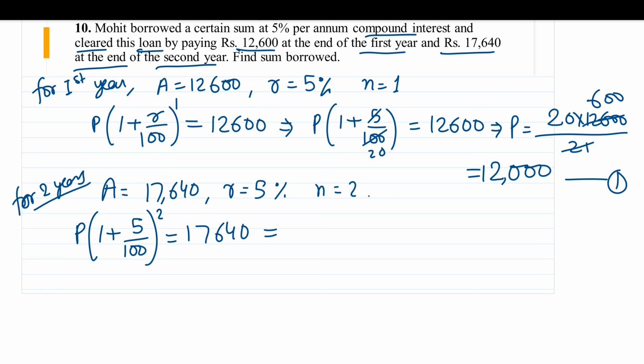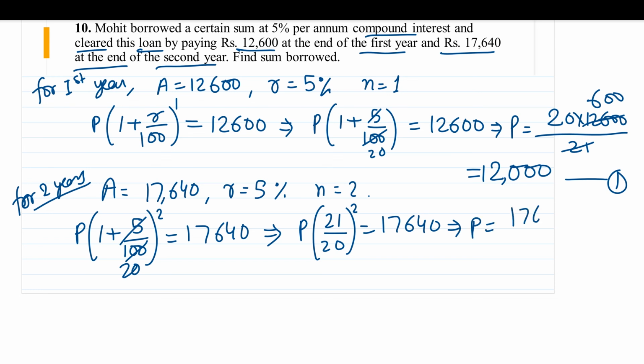So from here we can calculate. Again it will be 20. So P times (21 upon 20) whole squared is equal to 17,640, which will give you P as 17,640 into 400 upon 441. Yes, it is 40 times, so 40 times 400. So P becomes 16,000. This is equation number 2.